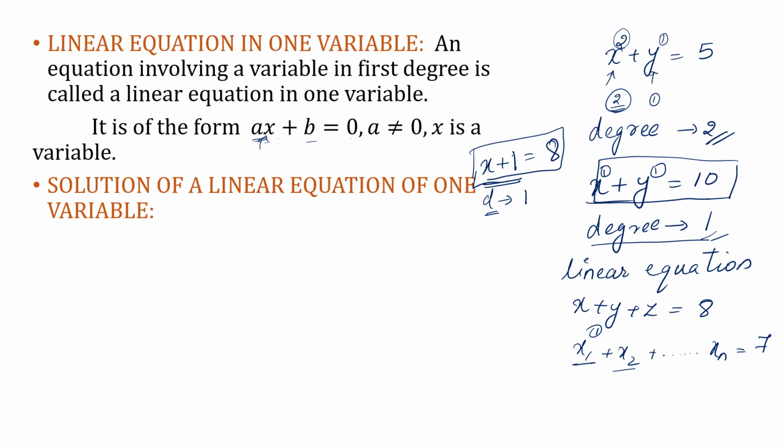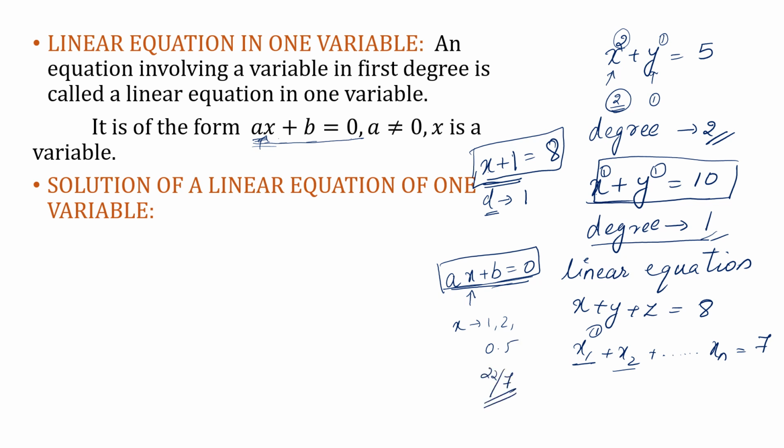So how will you find out the solution of this equation? Whatever the form, if an equation is in the form of ax plus b equal to 0, we have to put a value in x such that it will satisfy this equation. x can be 1, 2, or 0.5 or 22/7.